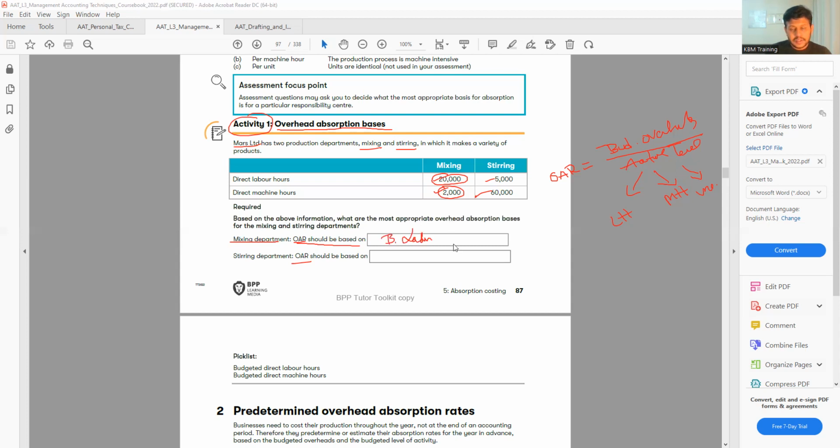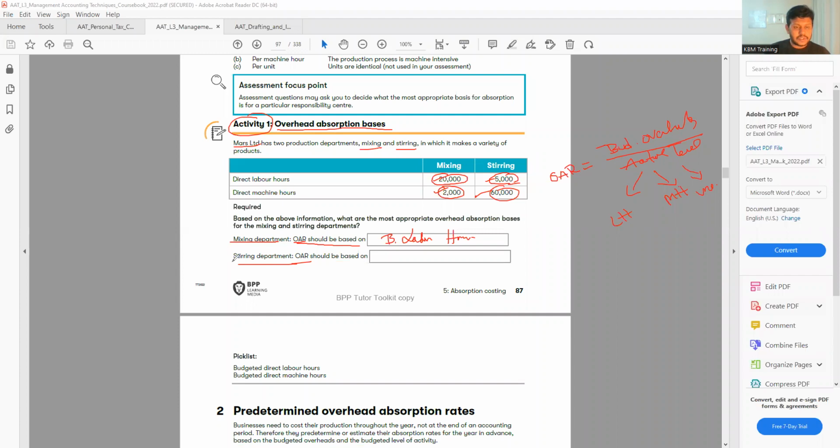The next one is the string department. Labor hour is 5,000 and machine hour is 60,000. So we understand we need a lot of machine hours for the string department.